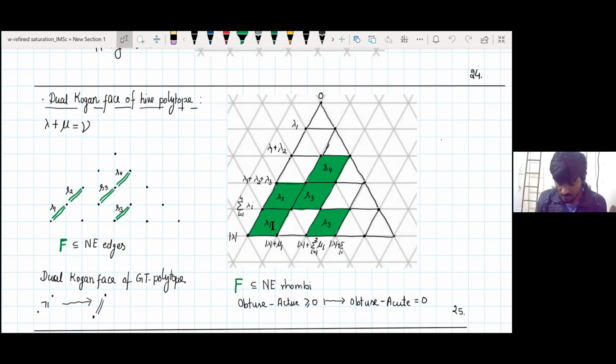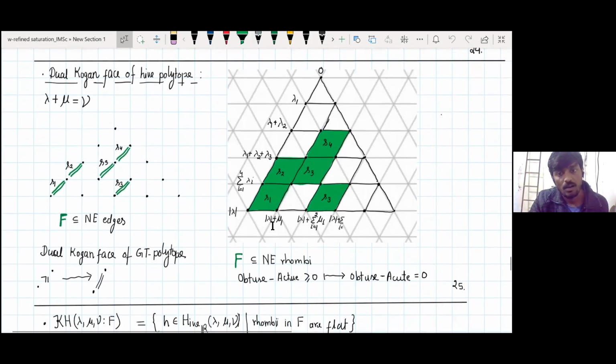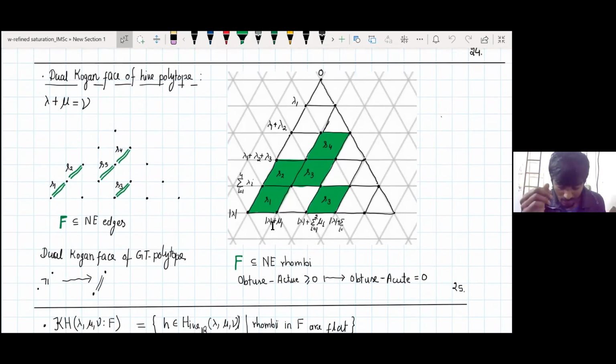I had a question about this condition, 312 avoiding. Is this a necessary condition for this theorem? Yeah, this is the necessary condition for the way we are proving it. For other permutations it is not working, as far as we have checked.